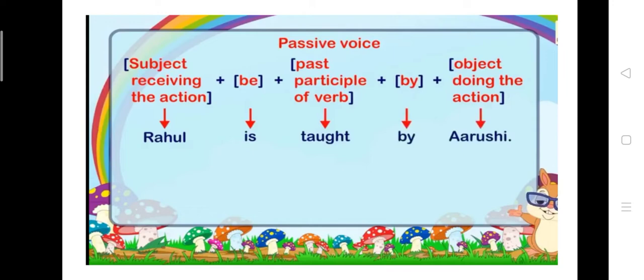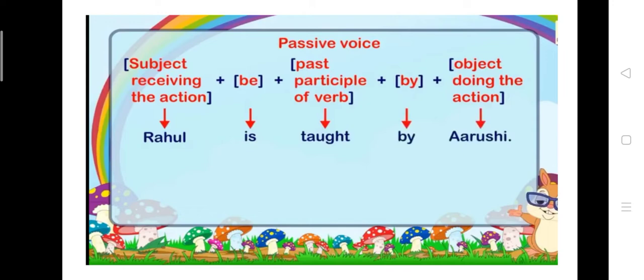We will discuss them just now. Just look at this sentence first. Is, and taught is V3, third form of the verb, which is also called past participle of verb. Correct? So in passive voice, main action word is in third form, and along with that be is used. This is the way of writing the verb in passive voice.